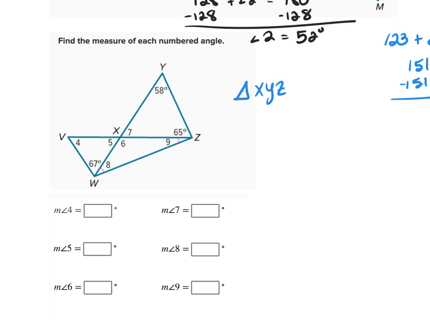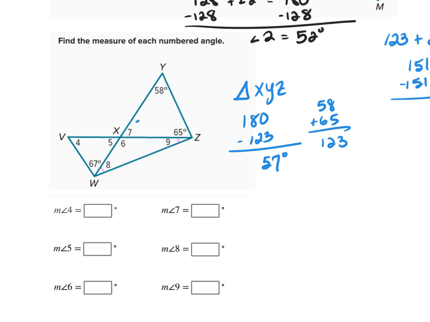58 plus 65 is 123. So 180 minus 123, and that's 58 plus 65 gives me 123. So 180 minus 123 gives me 57.